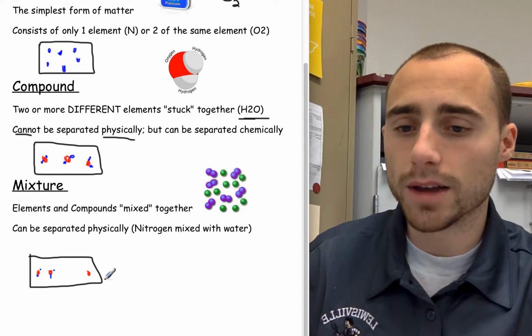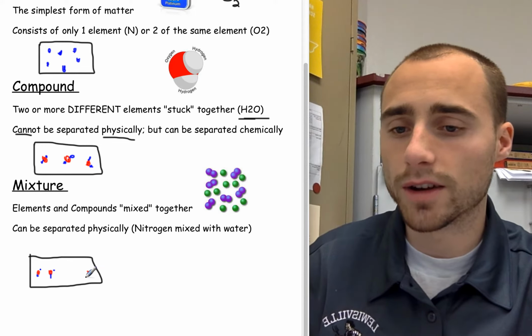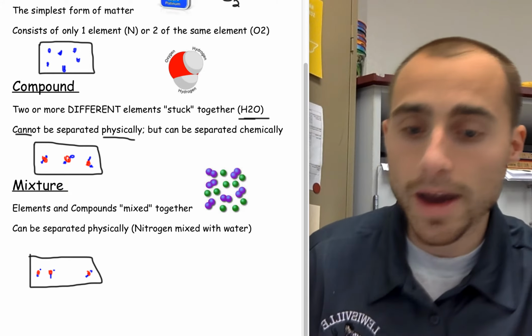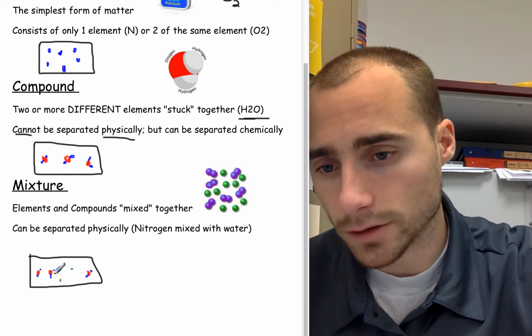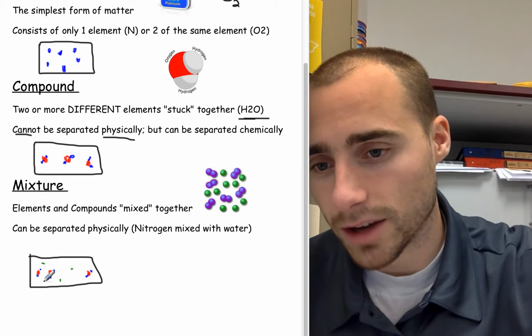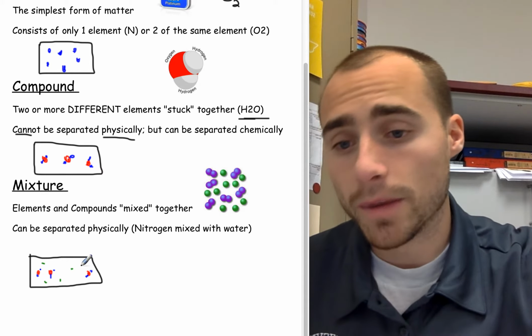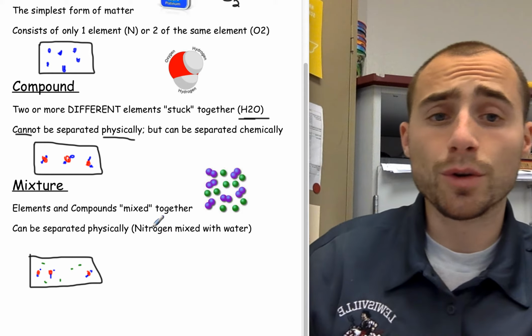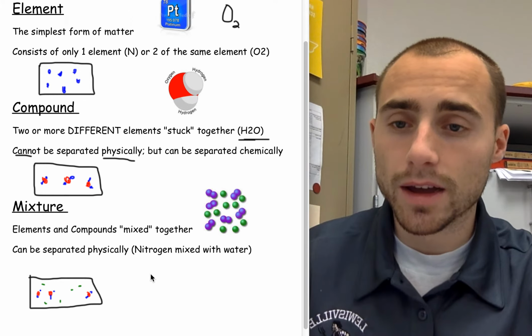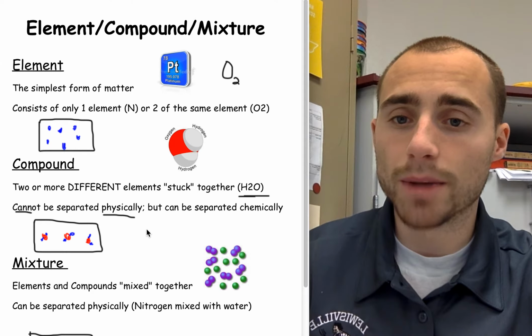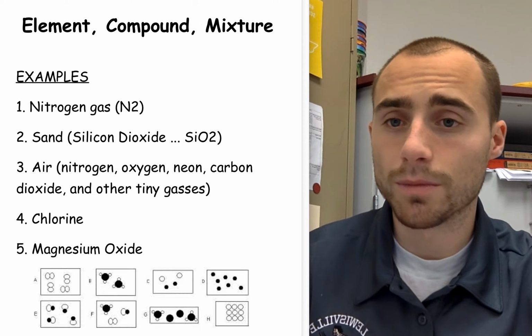We'll say that that is mixed with some nitrogen, and nitrogen will represent as green. And nitrogen's an element, so they're all going to look the same, just these little green dots. So anytime you see compound mixed with an element, that is going to be a mixture. So those are our 3 different types of matter right there: element, compound, and mixture.